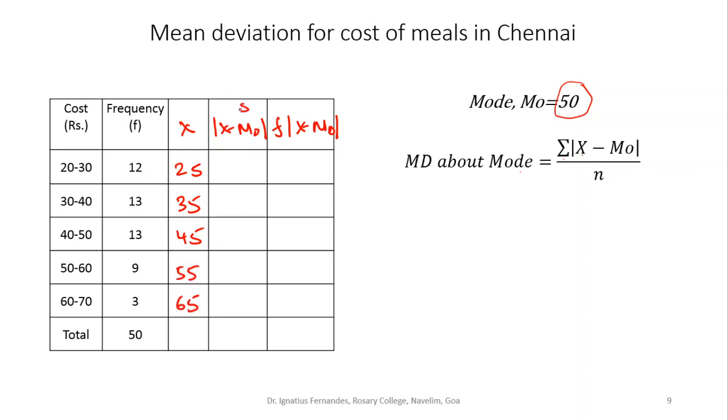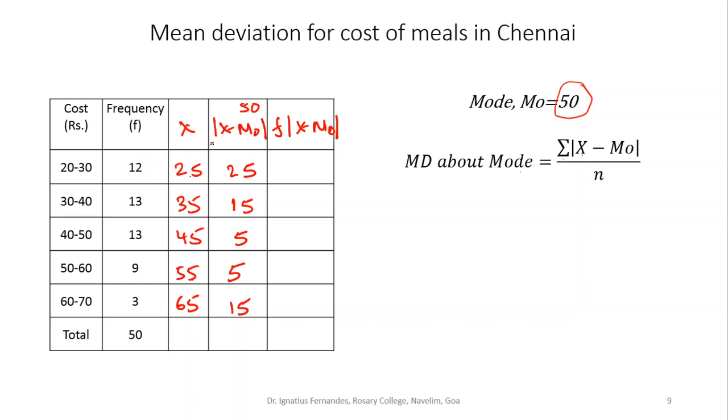Now mode is 50, so from each x value we subtract 50. 25 minus 50 is minus 25, with the absolute sign it is 25. 35 minus 50 is minus 15, absolute 15. 45 minus 50 gives 5, 55 minus 50 is 5, and 65 minus 50 is 15.